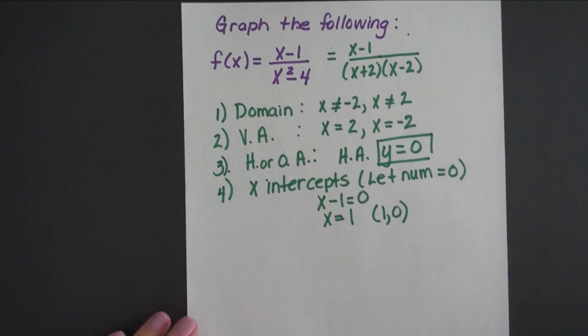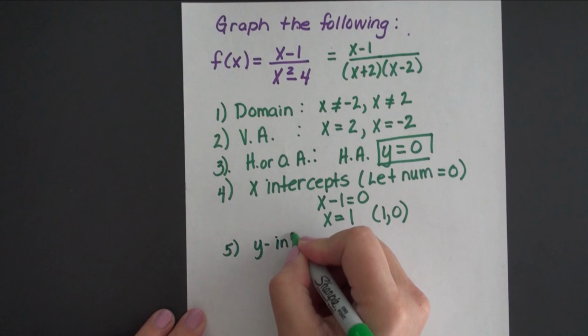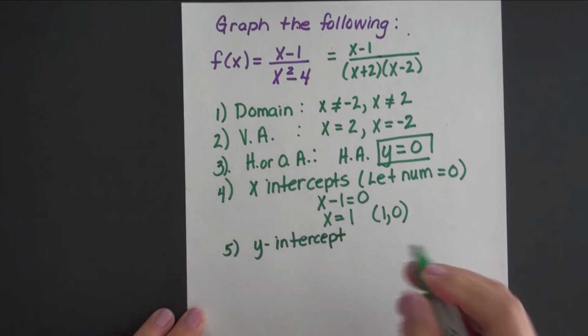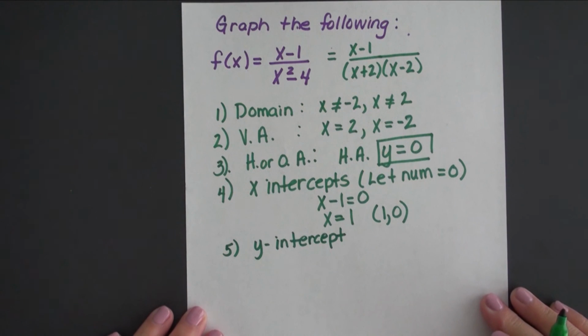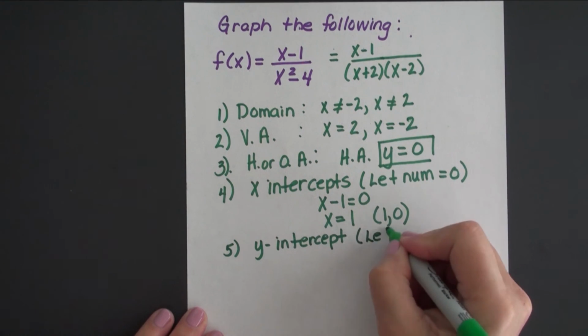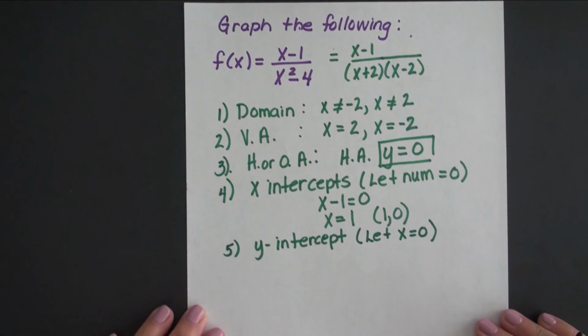Now I need to find the y-intercept. Now this is a function, so there will only be one. In order to find the y-intercept, I need to let x equal 0 in my original function.